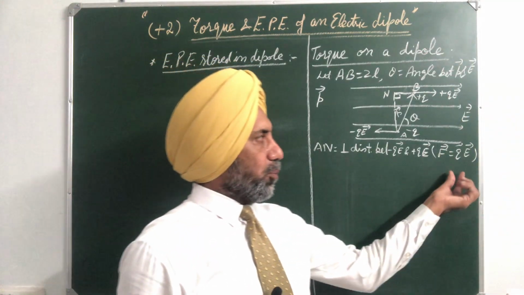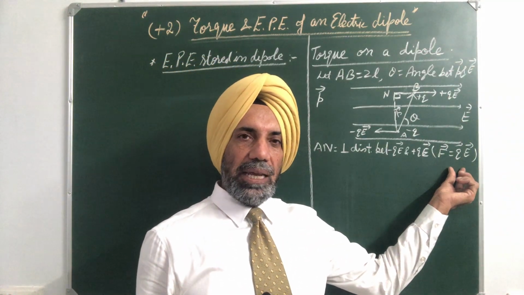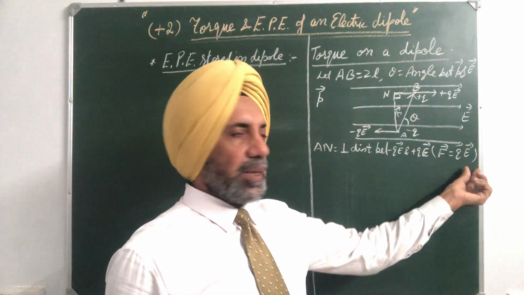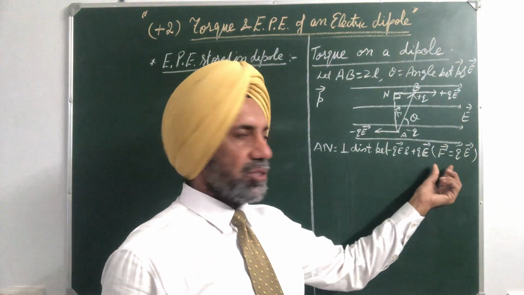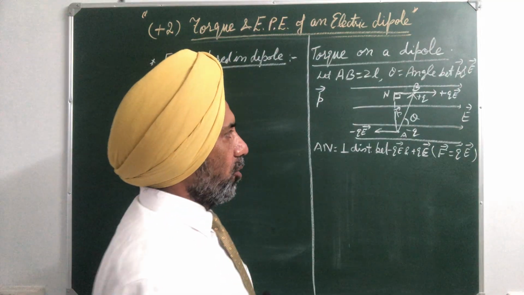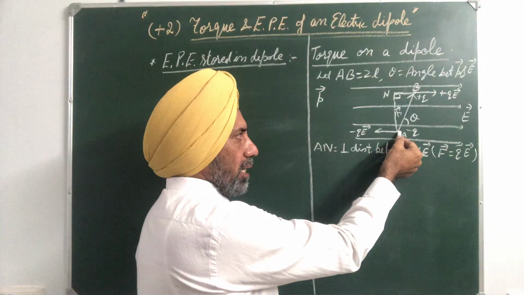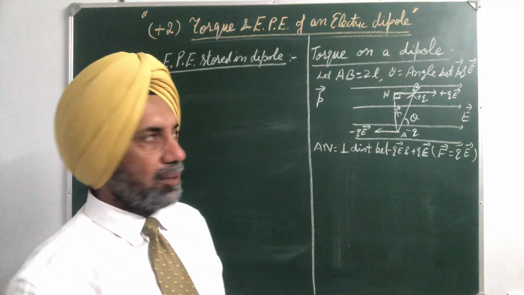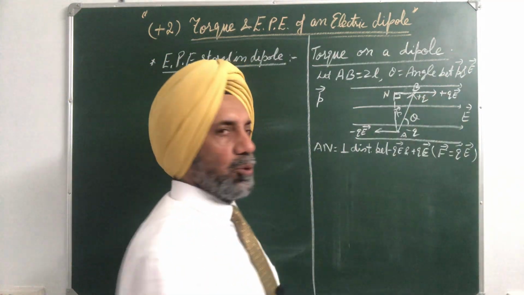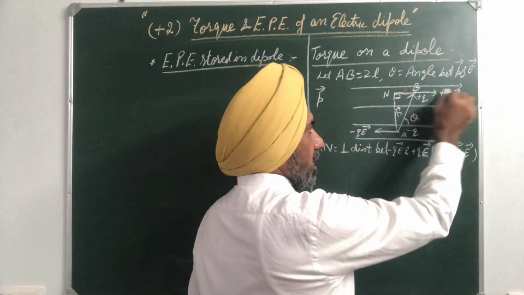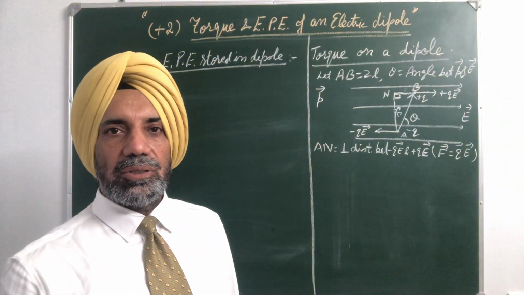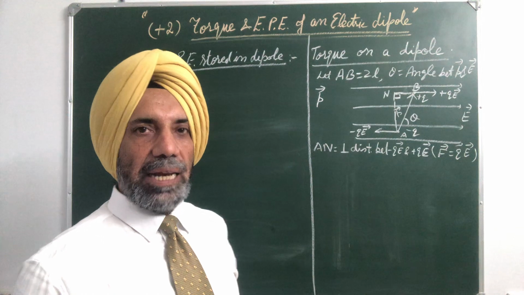Since any point charge Q when placed in an electric field will experience an electrostatic force given by F is equal to QE, this minus Q charge will experience force minus QE in the direction opposite to the electric field. This plus Q charge will experience force plus QE directed along the electric field.